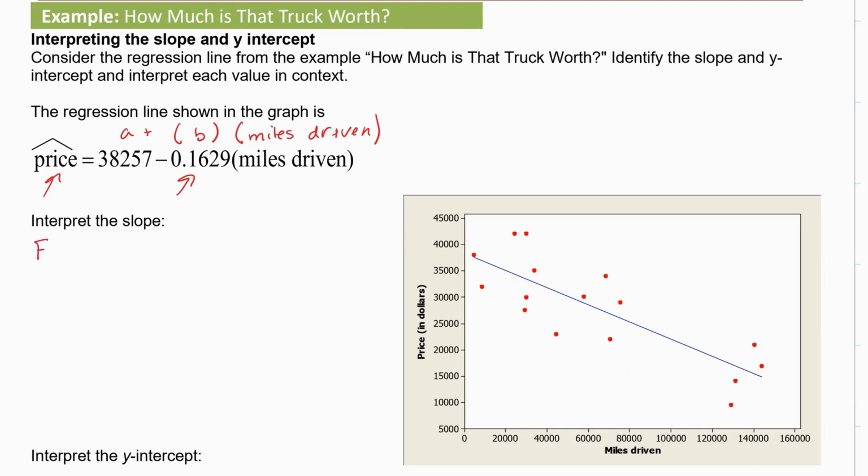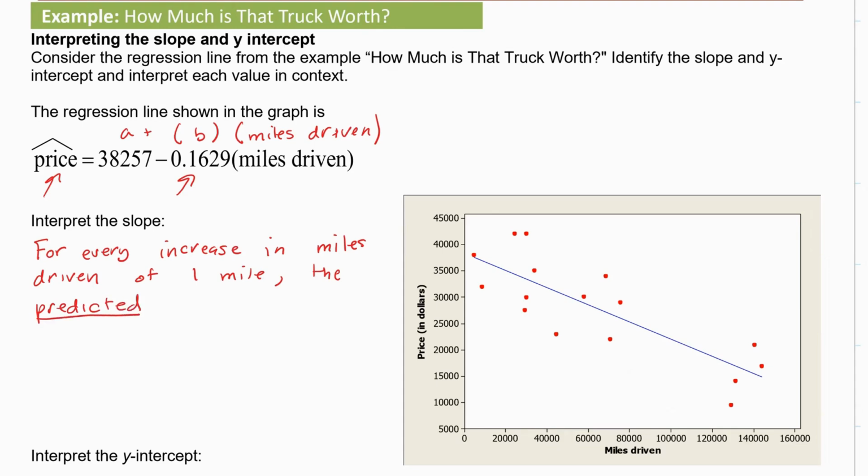Or I could say for every increase in our x variable, in context that's miles driven, of 1 mile, the predicted price, and I'm going to underline that word because that's important, goes, now because this is negative, it goes down by, now, did you think it goes down by exactly 16.29 cents each mile driven?